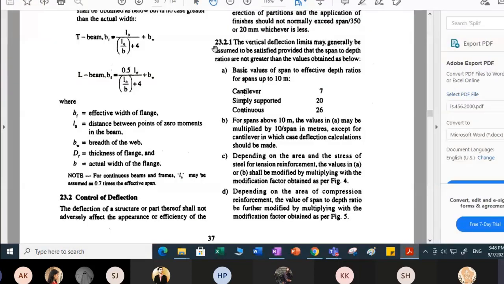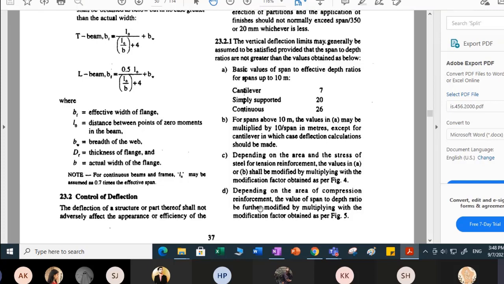Here you can see clause number 23.2.1. In this clause, which is on page number 37, it is written that the vertical deflection limits may generally be assumed to be satisfied, provided that the span to depth ratios are not greater than the values obtained as below. So we have a simply supported beam.